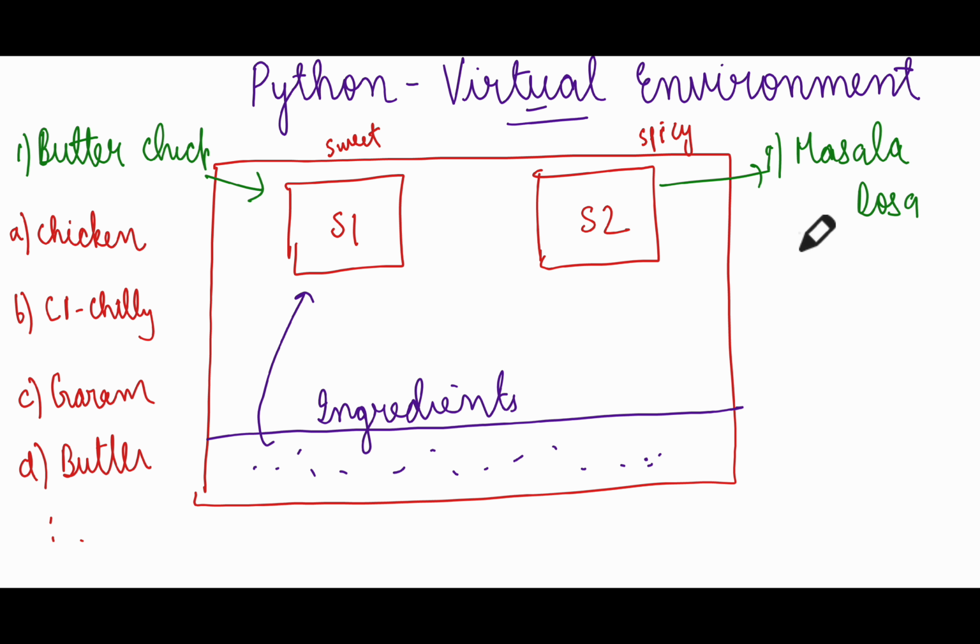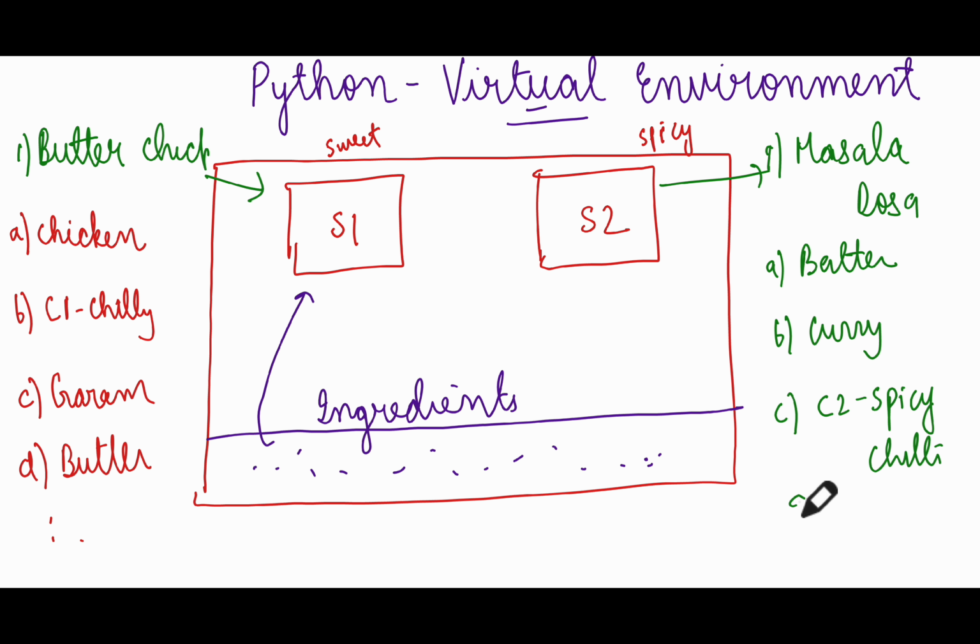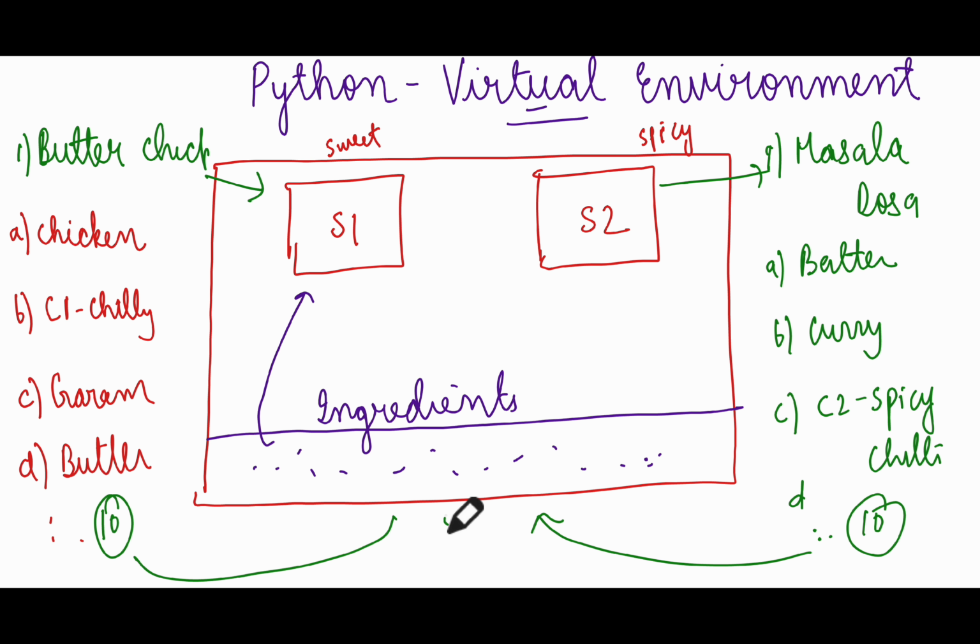Now the ingredients for masala dosa: batter, then curry leaves, and because we want it to be spicy, I'm keeping C2, a spicy chili powder, and multiple other items. Say there are 10 ingredients for each dish, so there are a total of 20 ingredients on my shelf. This is C1 and this is C2.